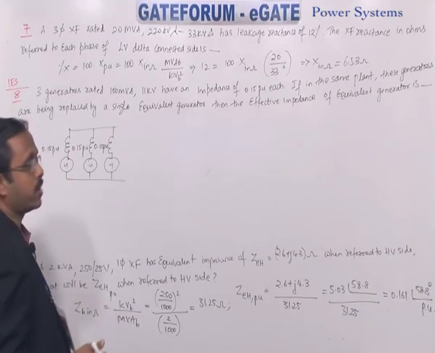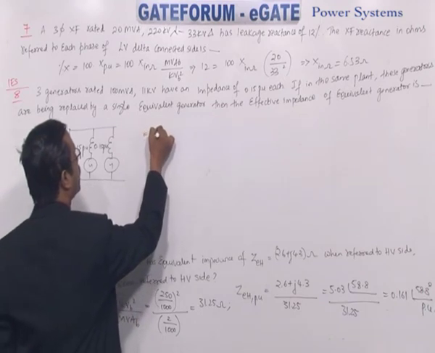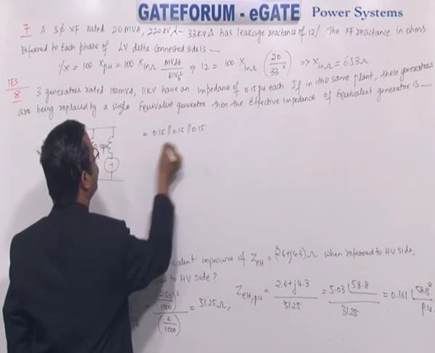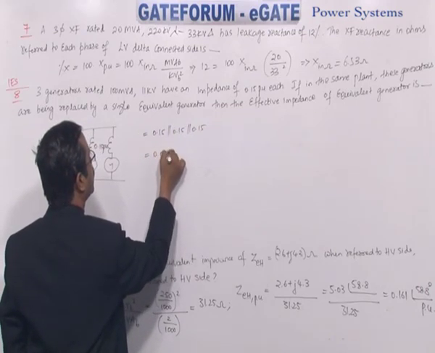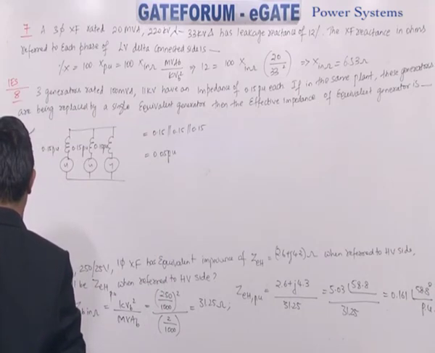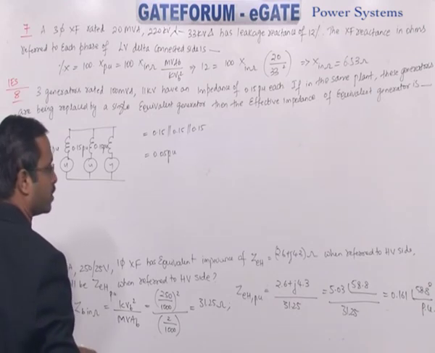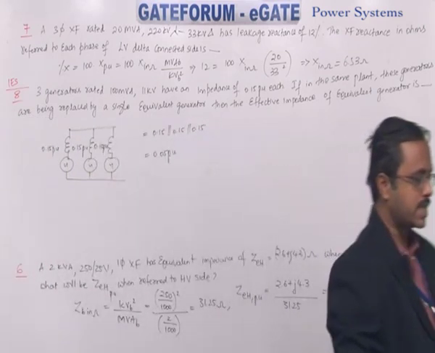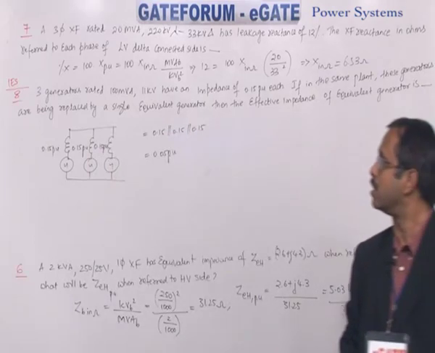Three times 0.15 are in parallel. So what is the answer you get now? 0.05 per unit. So this is how you find out these calculations.